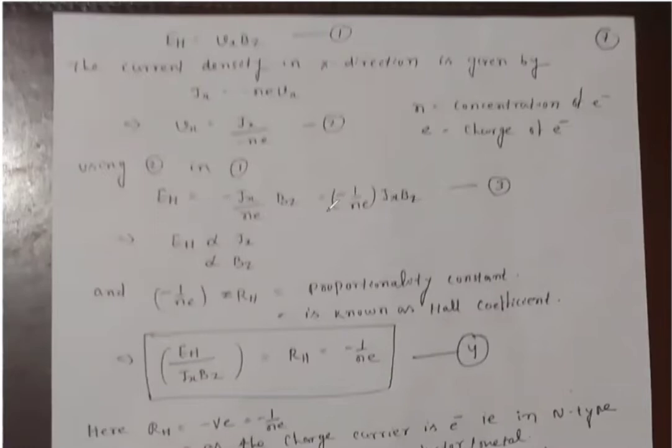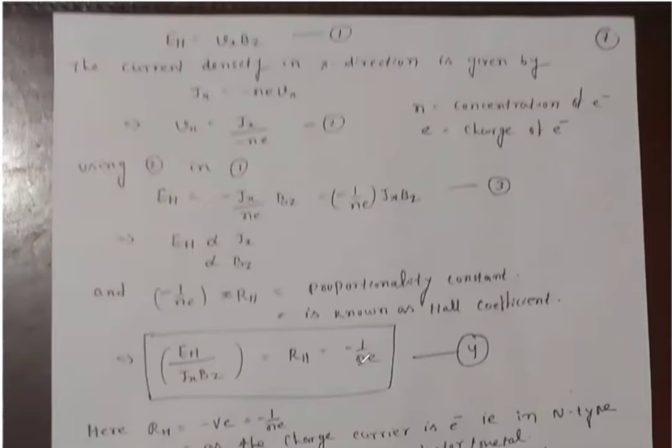So from here it is clear that since ne is constant, EH is directly proportional to Jx, current density, as well as the magnetic field. So we can write minus 1 by ne equal to RH, which is the proportionality constant, and that proportionality constant is known as Hall coefficient. So EH by Jx Bz equal to RH. So that is equal to minus 1 by ne.